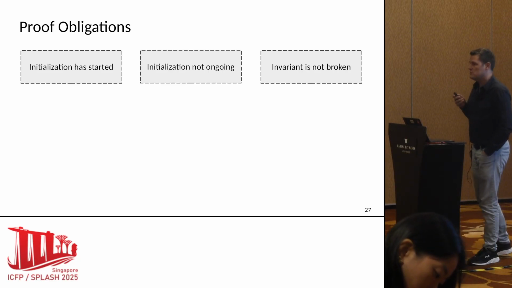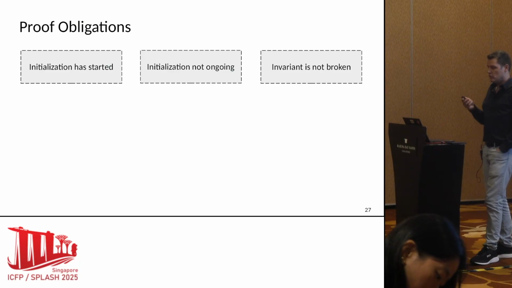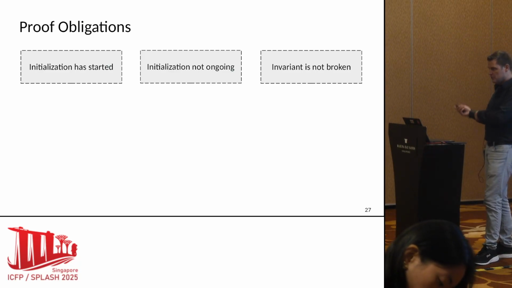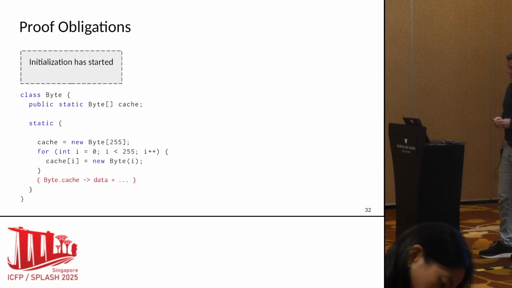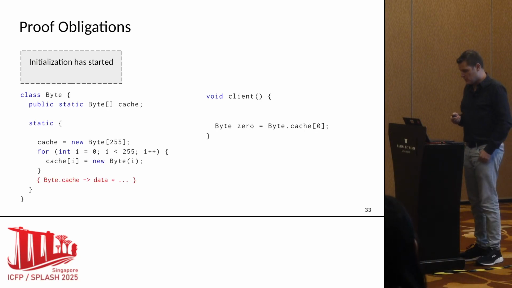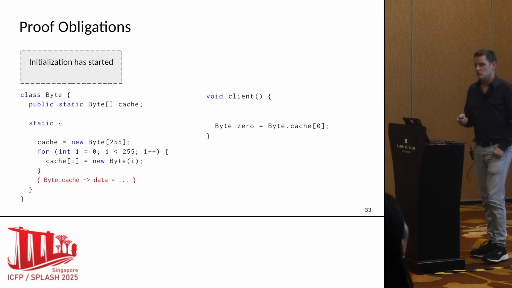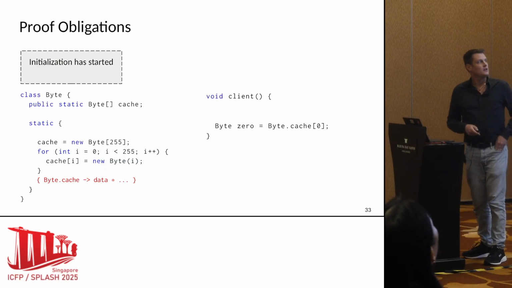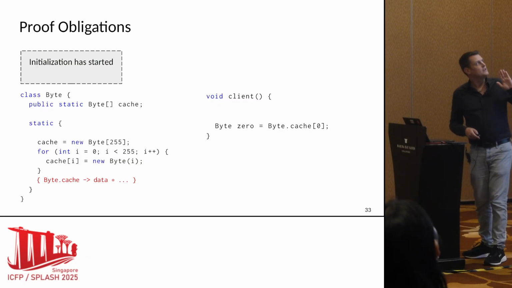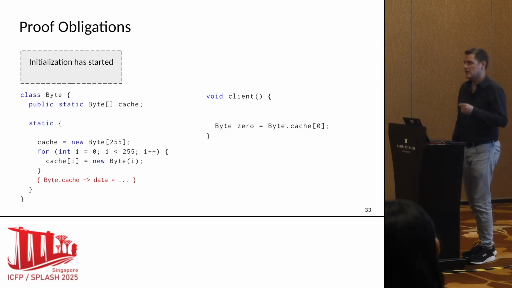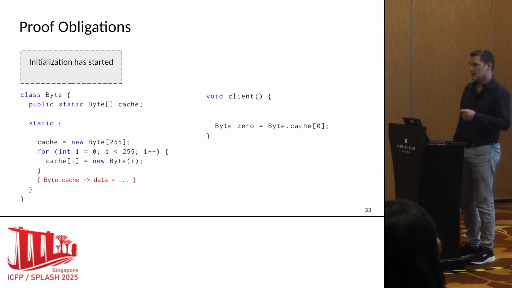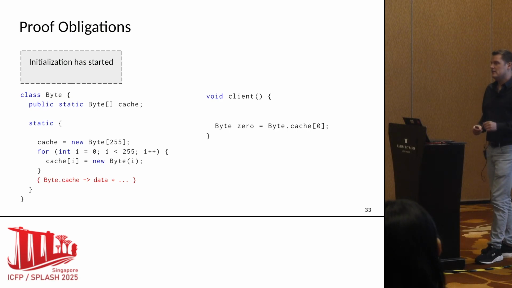So the first one is we must prove that the initialization of a module has started at some point if we want to use its invariant. So if we go back to the same example as before, then this is actually super easy to prove. If we want to verify our client here, we can prove that initialization of the byte module must have started at the point where we try to read the cache field because we're trying to read the cache field. Right? So if we're in a lazy language like Java, then trying to read the cache field is actually what will trigger initialization if it hasn't happened before.